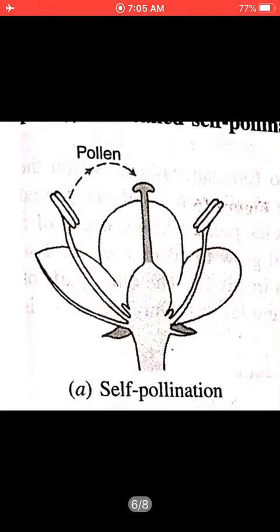If a human being does it, then it's simply a process, or we call it an experiment. Else, if it is happening naturally from the anther to the stigma of the same flower, it is known as self-pollination. Self-pollination is the transfer of pollen grains from anther to stigma within the same flower.